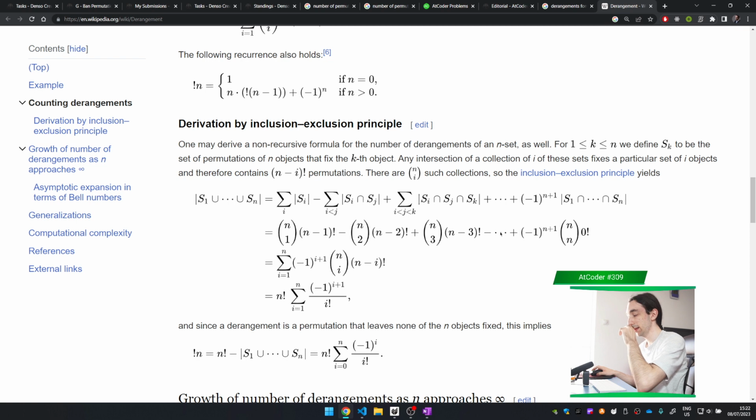Yeah, this is the inclusion-exclusion, but that's over n, so that's 2 to the n, and then it gets down.